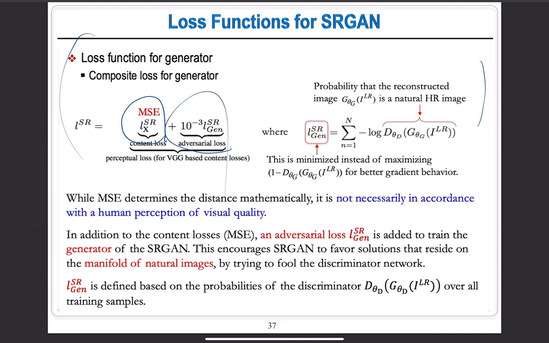And VGG loss, which can be called perceptual loss, measures semantic similarity in feature space using a pre-trained VGG network.